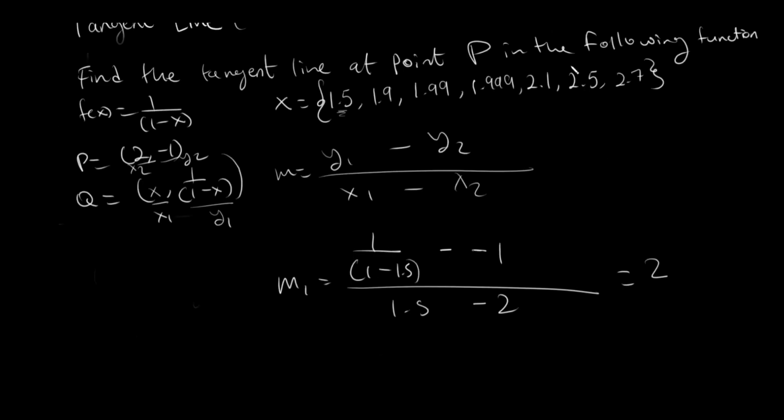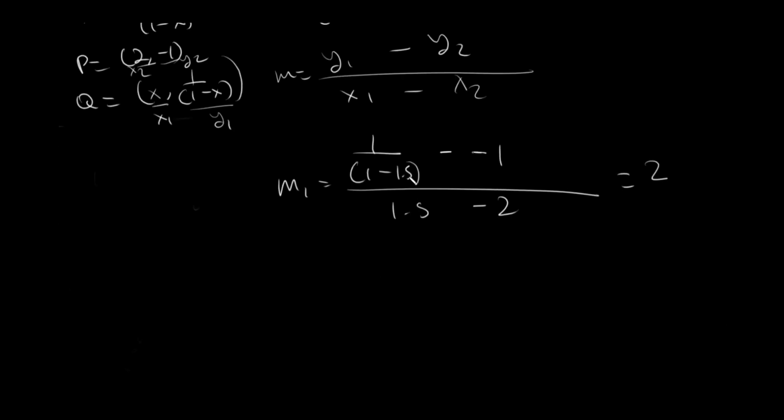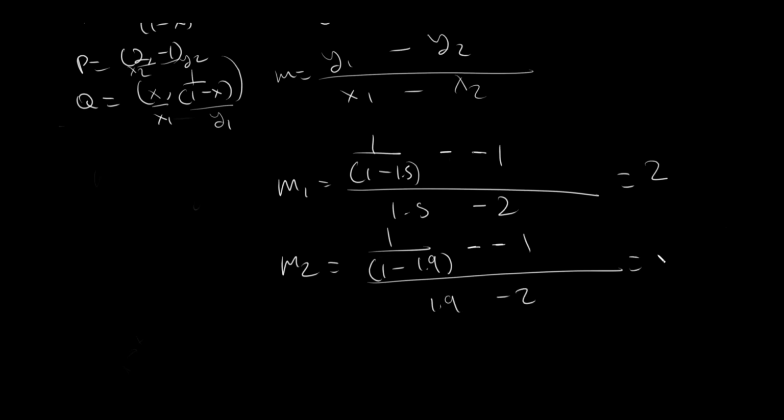Alright, so let's take our second x, 1.9: 1 over (1 minus 1.9) and 1.9 minus 2. Let me use my calculator.